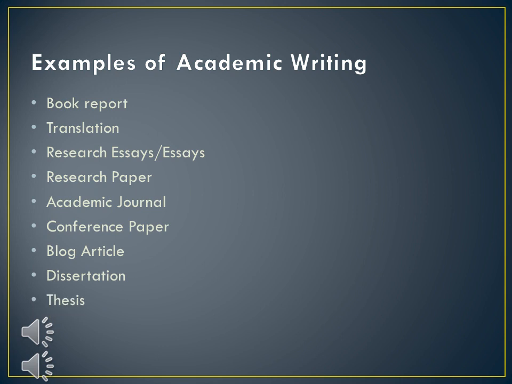The following examples of academic writing are book report, translation, research essays, research paper, academic journal, conference paper, blog article, dissertation, thesis. As you can see, those examples are formal and follow the rules of academic writing.